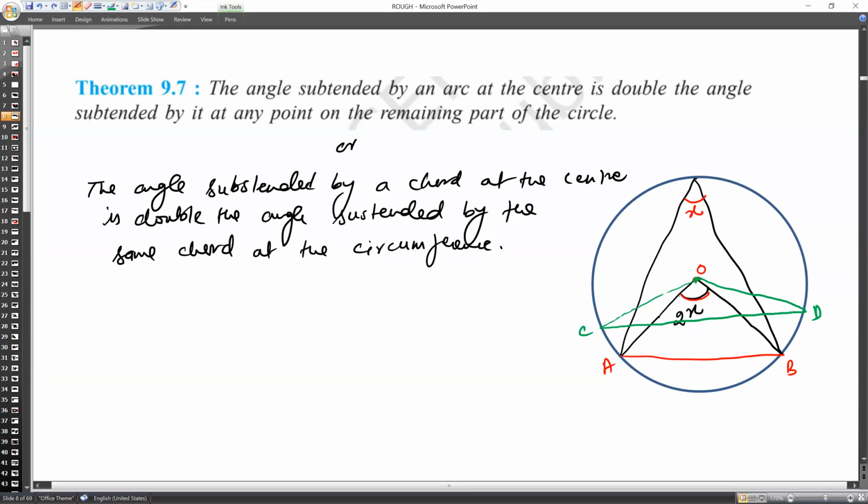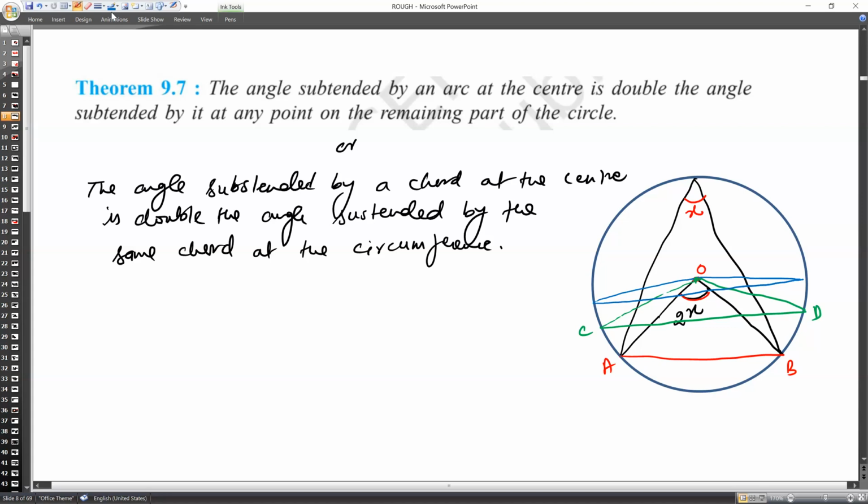If I keep moving towards the center, the maximum possible angle that a chord can subtend at the center is 180 degrees. Here, let's suppose this is another angle, but it is less than 180 degrees.